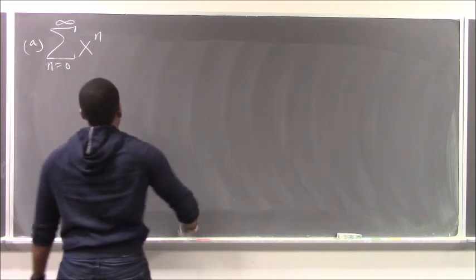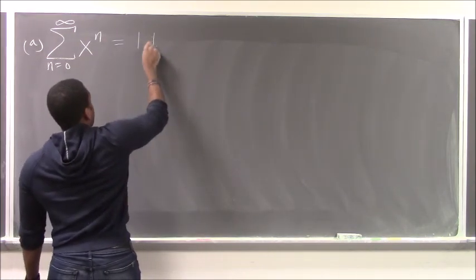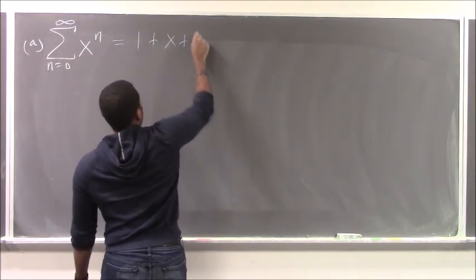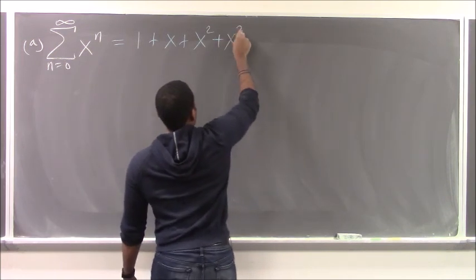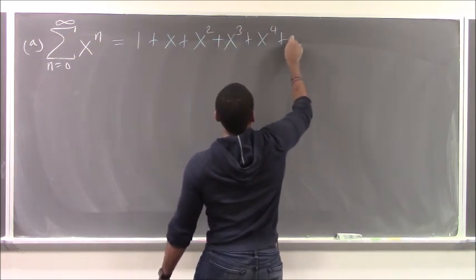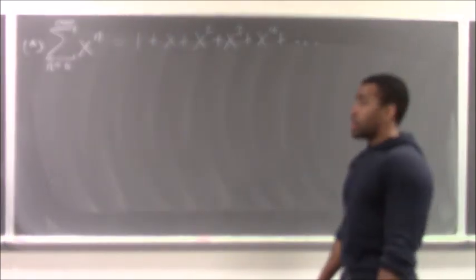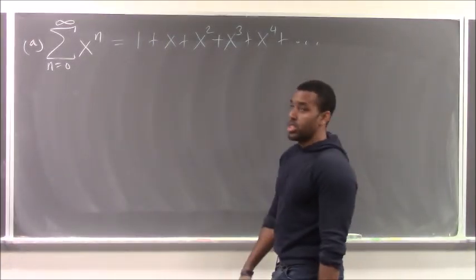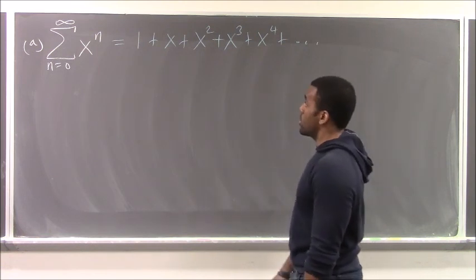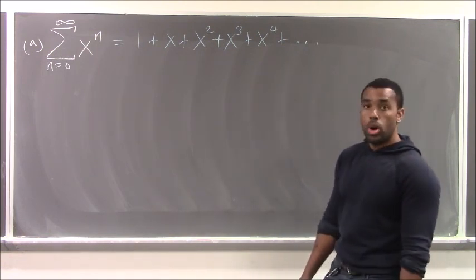So this guy, if you actually looked at what this looks like, it's 1 plus x plus x squared plus x cubed plus x to the 4th plus ... So it's an infinite polynomial where the powers of x are from 0, 1, 2, 3, going on forever, and the coefficient is always 1.